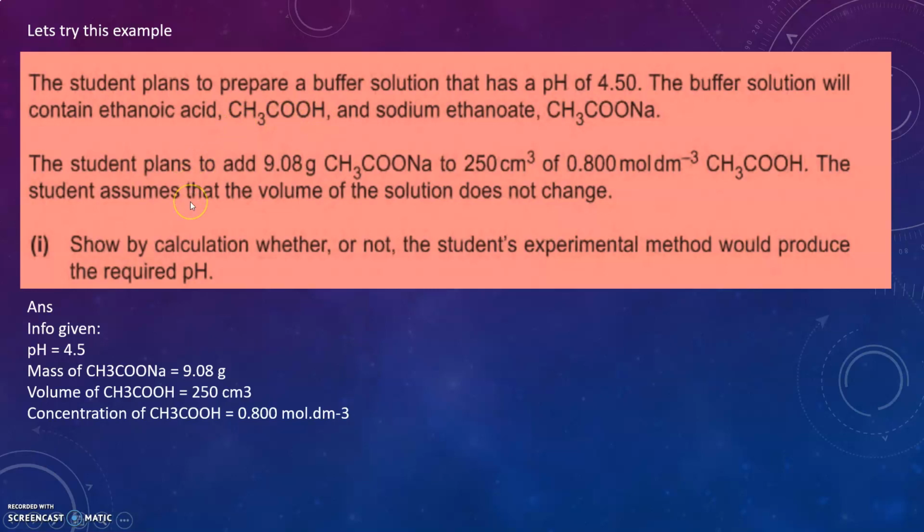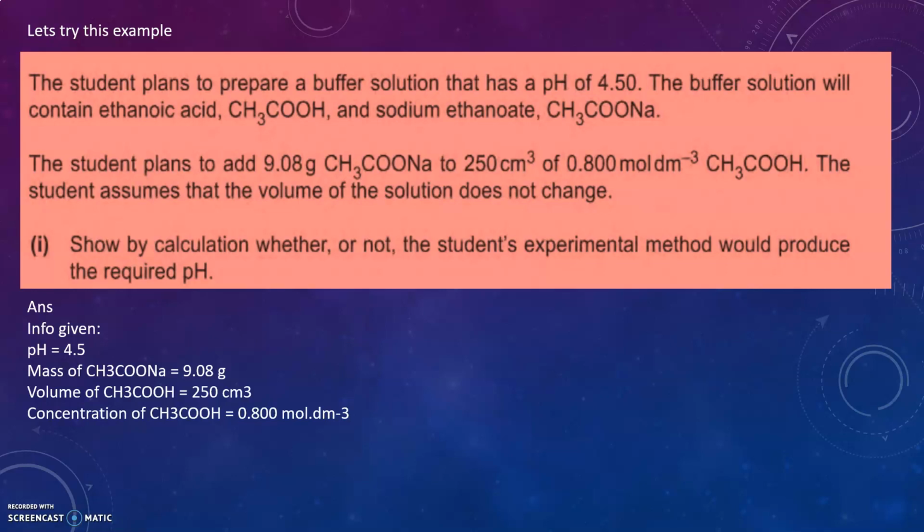And here is one easy example. The student plans to prepare a buffer solution that has the pH of 4.50. The buffer solution will contain ethanoic acid and sodium ethanoate. So here you have an acid and salt, right?